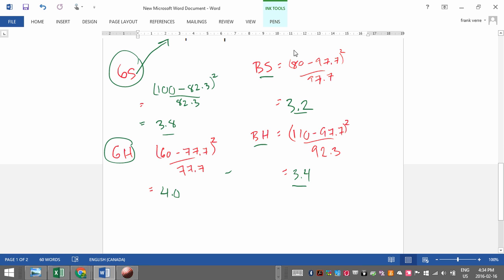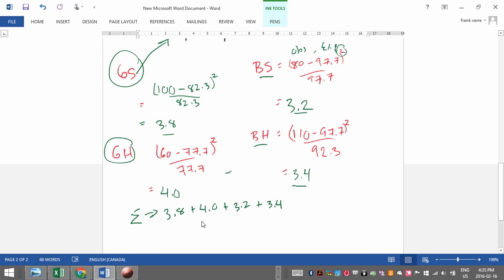Again, it's just observed minus expected. You can see that squared divided by the expected. When we're done, we add up all of these values. So remember, the chi-squared value is this sum. It's going to give us a sum total of 3.8 plus 4.0 plus 3.2 plus 3.4.